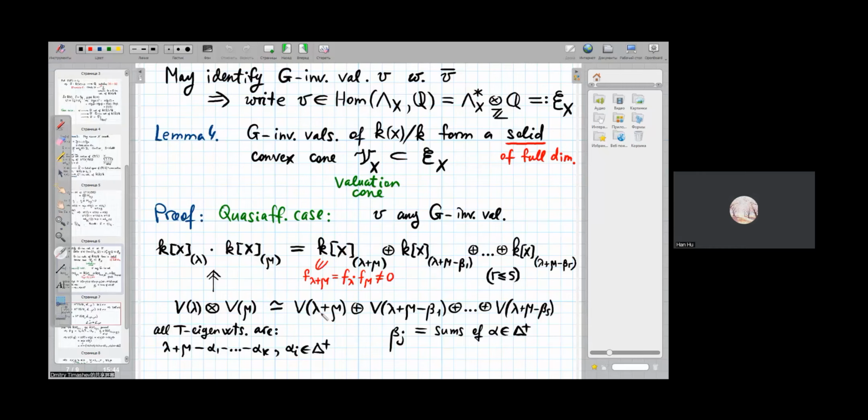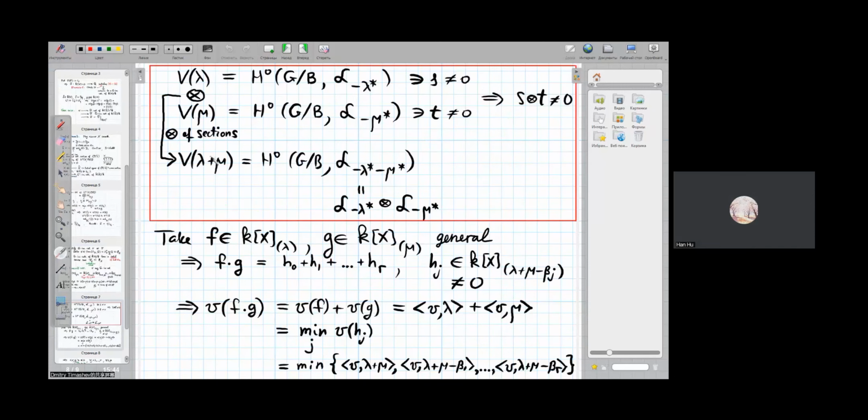Right. And now, when you take two non-zero vectors in here and here, take their tensor product and project onto this summand, this corresponds to multiplication of sections of the respective line bundles over the generalized flag variety, because this representation space is nothing but the space of global sections of this line bundle over G mod B.